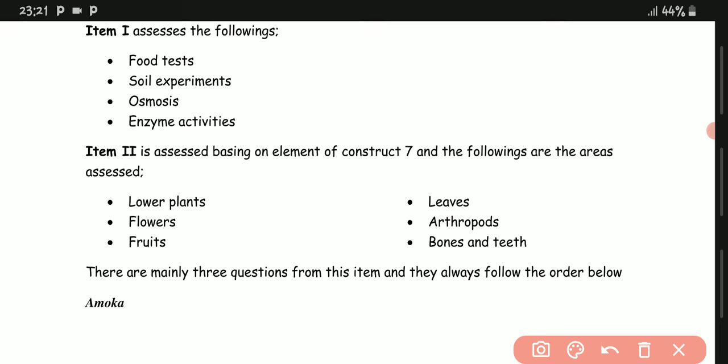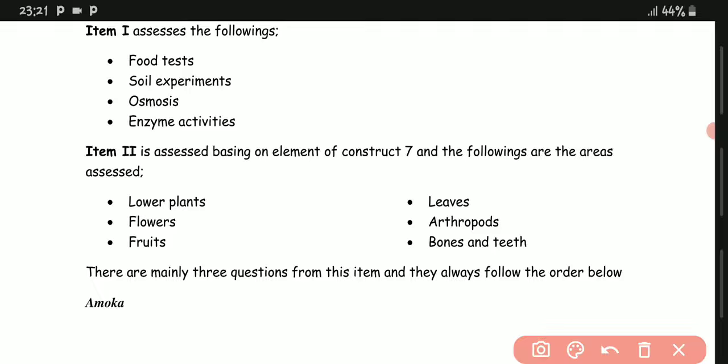Now, how do we write a report? When we are carrying out a scientific investigation, every scientific investigation has an aim.